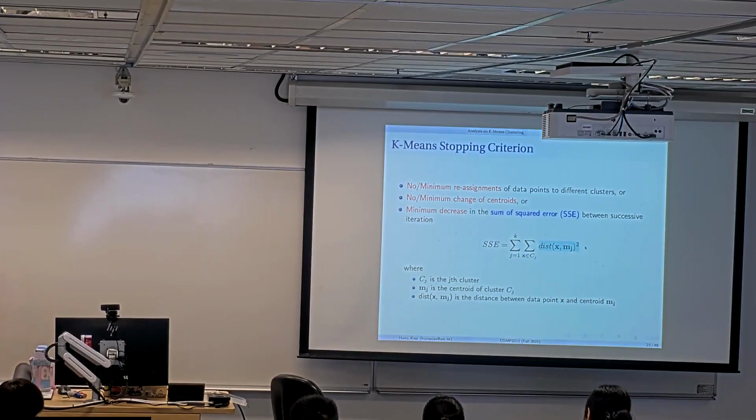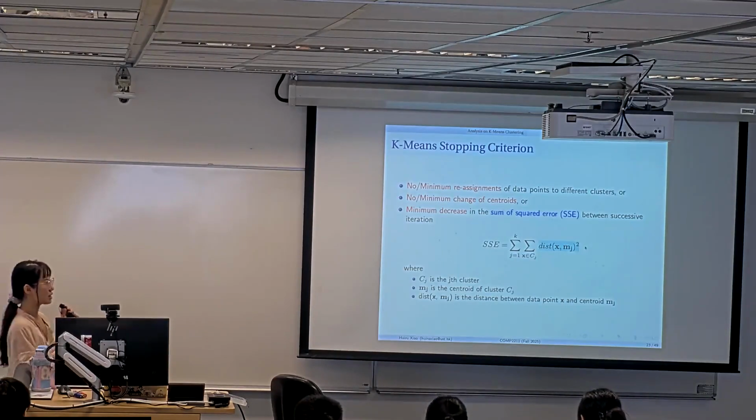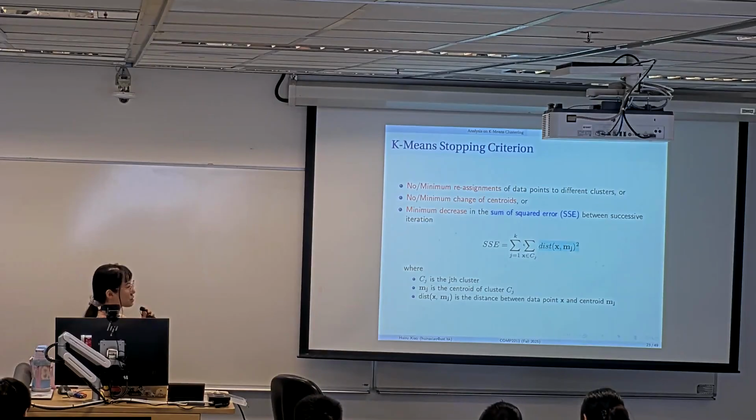Minimizing SSE means that we want all the data points to be very close to their centroids, right? Only if all the data points are very close to their centroid, this SSE will be very small, will get minimized. So this is the meaning of the SSE.